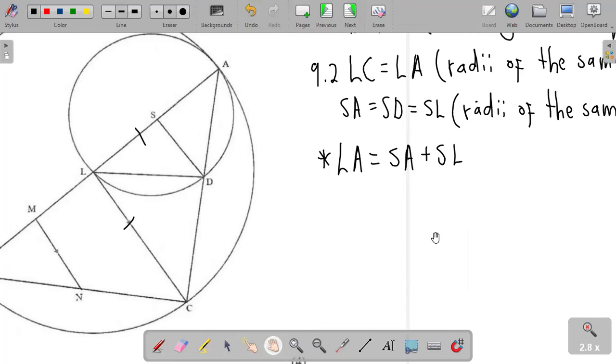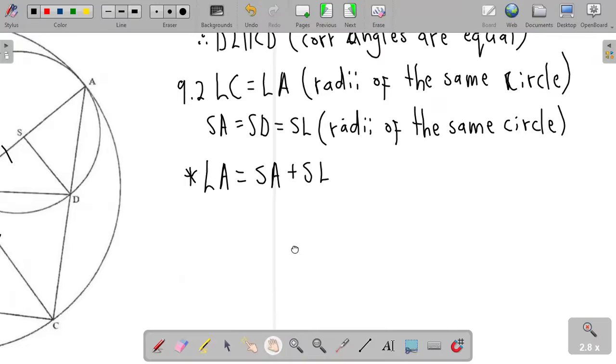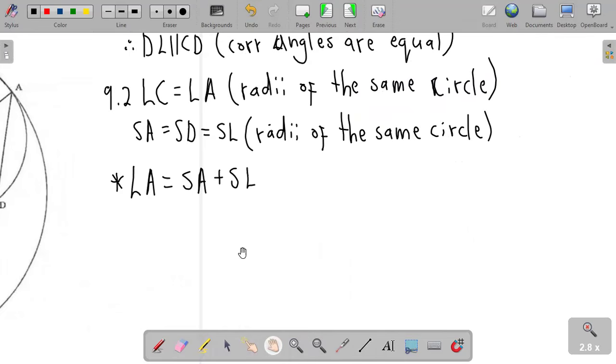So we can replace, so it's made of SD plus SD. So it's equal to 2SD, because SL equals SD, and SA is also equal to SD.